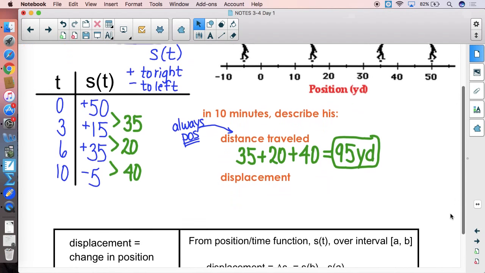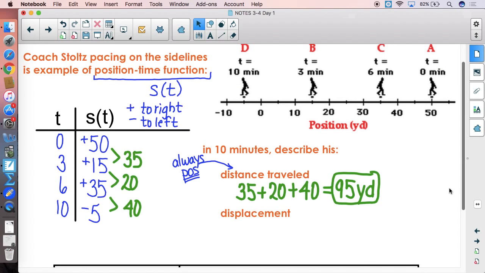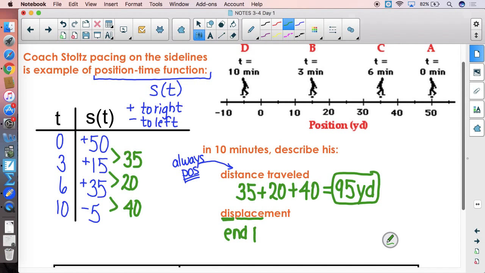Displacement, however, wants to know what's the change in his location. So dis plus placement: dis, change in, and placement. What was the change in his position or his location from beginning to end? So to find his displacement, we need his end position minus his start position. And the sign on this is important, so it is important that we do the subtraction in the correct order.